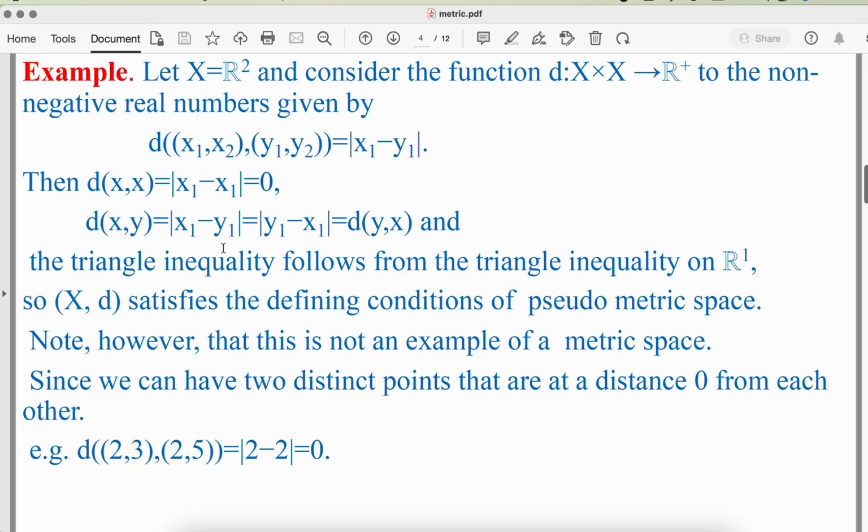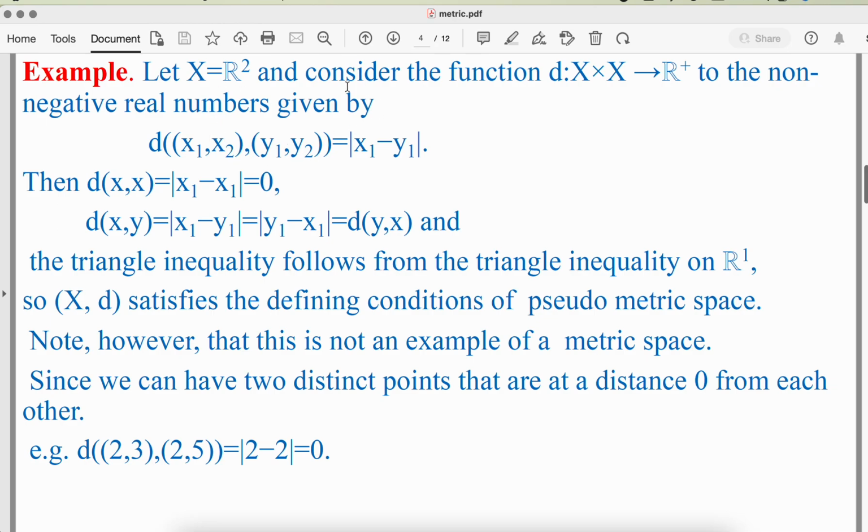The triangle inequality also follows from the triangle inequality on R1, because the distance of x from y is less than or equal to the distance of x from z plus the distance of z from y, because the modulus of x minus y is less than or equal to the modulus of x minus z plus the modulus of z minus y. So it satisfies the defining conditions of a pseudo metric space. So it means this d is a pseudo metric which we have defined like this.